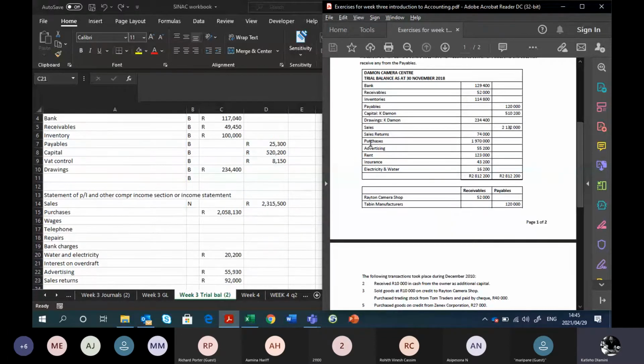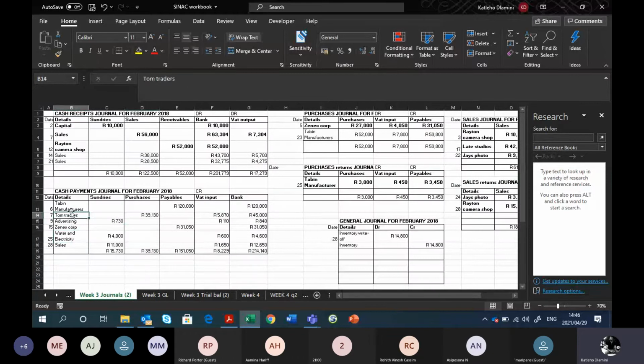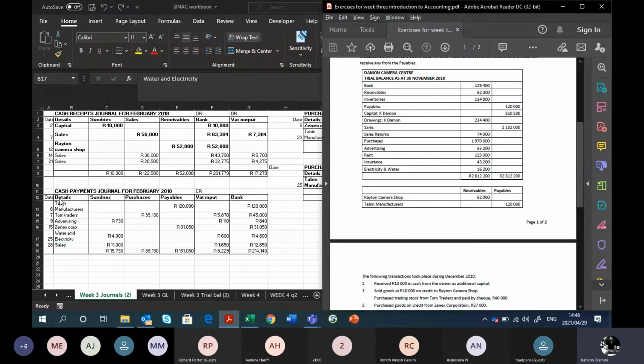Then sales, sales returns, yes. Purchases, yes. Advertising, yes. Rent, we haven't done. Insurance, we haven't done. And water, electricity, we have done. Okay. First, let me see. Rent. Did we have more rent before I even do a T-account for rent? Nope. Did we have more insurance? Nope.